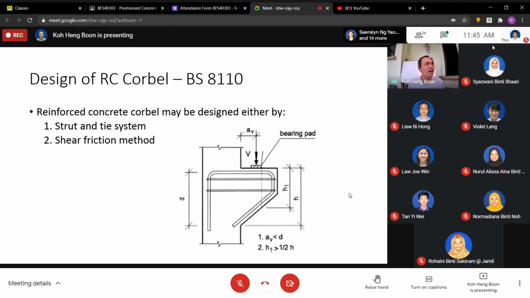Initially I thought to show you Eurocode 2, but because of the time I decided to just show you the example based on the British standard. The concept is still the same; Eurocode 2 only has some more requirements, small things you need to calculate. But in British standard, the concept is still based on the strut and tie system.